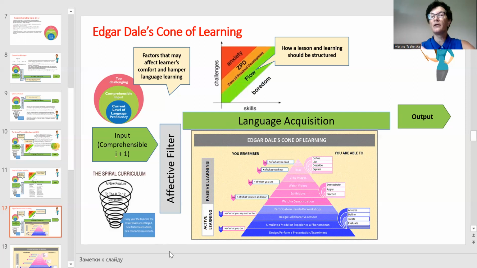You go higher when you start learning actively. And then you're able to analyze, define, create, evaluate, and it all happens only because you are deeply involved in the learning. Your learning is active and your learning is deep.